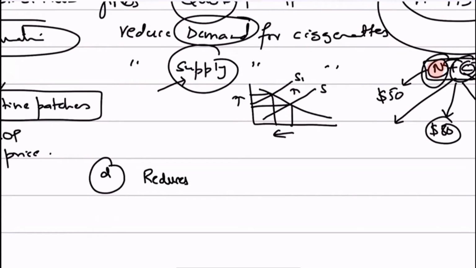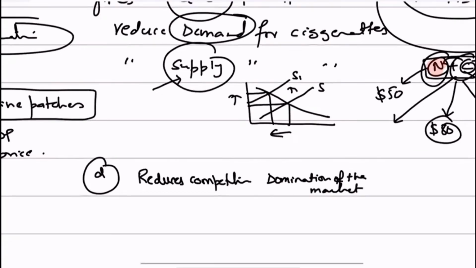So it reduces competition. And remember, whenever competition goes down, there's more market dominance. The organization is now dominating a higher market share. So there's more domination of the market right now. Or the firm may even end up becoming a monopoly.